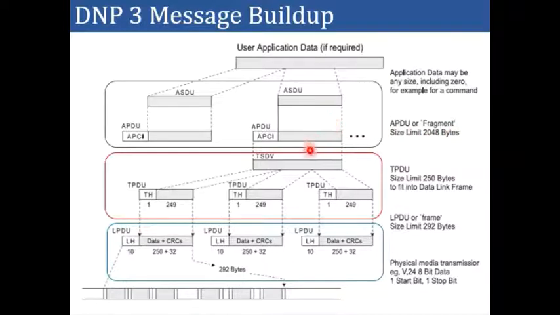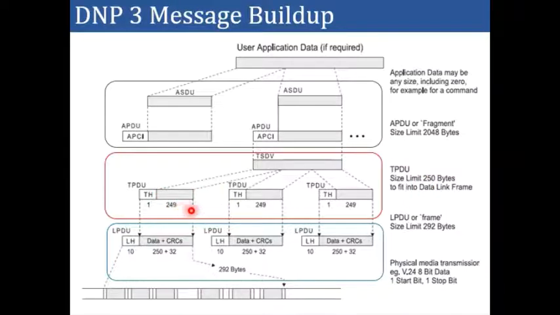Now this APDU, when it travels to the transport layer, it becomes TPDU, but the size of TPDU is 250 bytes. So what we have to do, the APDU which we get from the application layer has to be fragmented into blocks of 250 bytes.